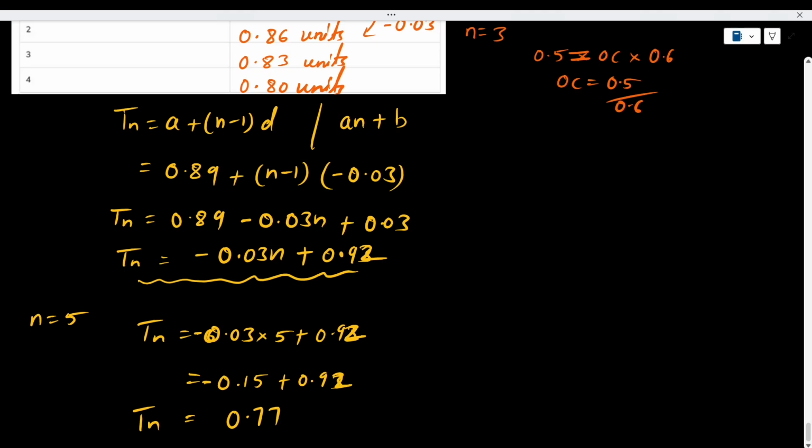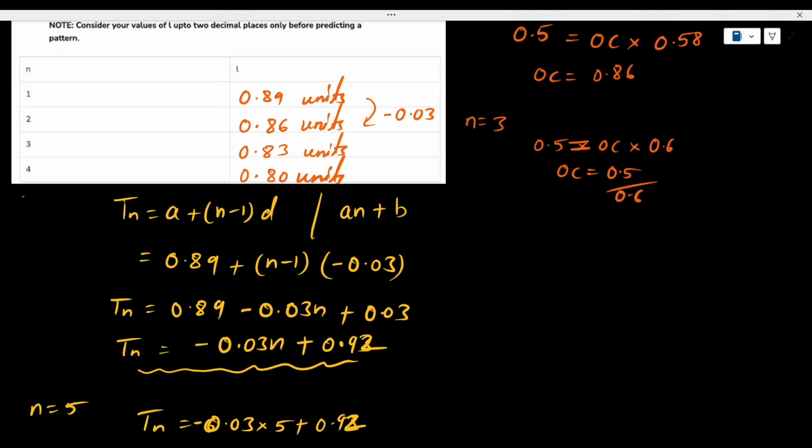And how much is this? If you verify, you need to write down the value here also, because you are using the nth term rule and you are decreasing by 0.03, so it's 0.77 units. On the table also there will be a place given, so you must write down the answer there as well, right?